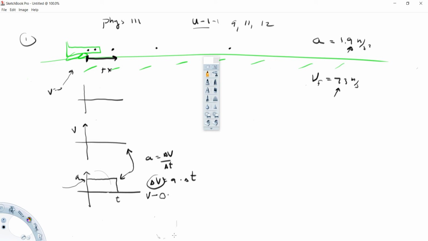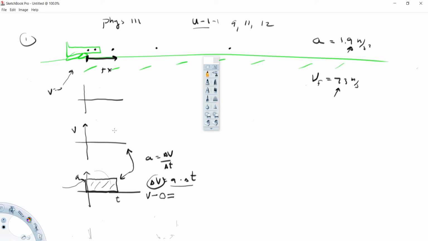Getting used to a new pen here. This, remember, is this area here. Now use your graph, however you label it. The area is going to be whatever you call this times whatever you call this, right? That should give you a linear function for v. I don't want to draw that again. This is your homework assignment.